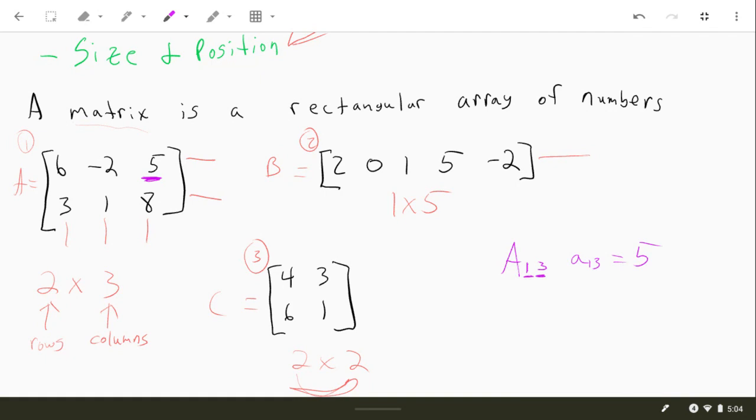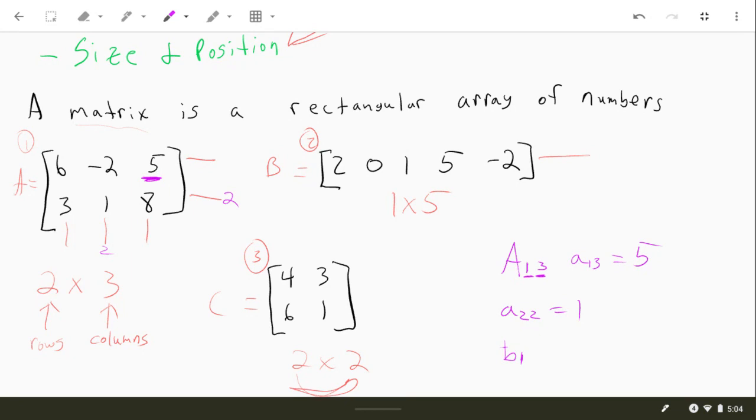If I had said a, and then 2, 2, that would be the second row and the second column, so that would be the number 1. If I was looking at matrix B, there's only 1 row, so it has to start with a 1, and whatever number you put next is going to represent the column position.